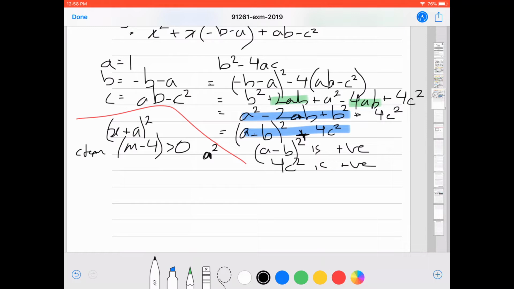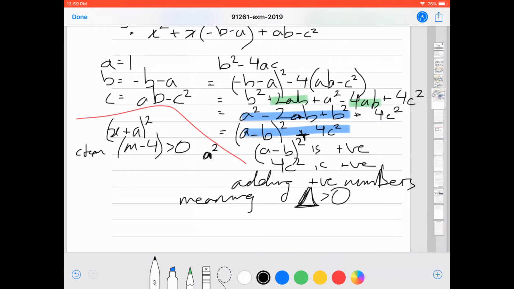And so adding positive numbers, meaning the discriminant here is going to be greater than 0. We could even miss out this idea that we're talking about positive numbers and just say adding square numbers. Either way, our discriminant is going to be greater than 0 here.